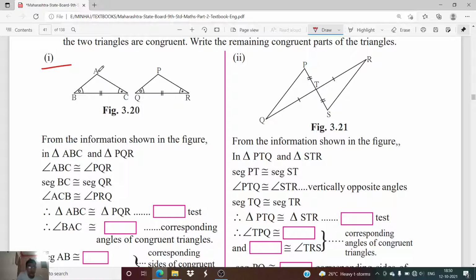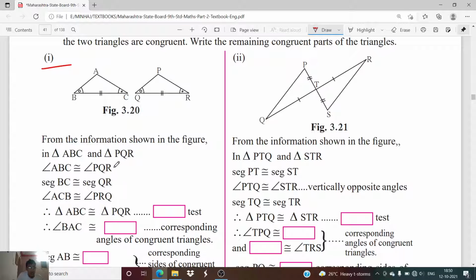Now angle ABC and angle PQR, both the angles are congruent. It is given in the figure. Then segment BC and segment QR are both congruent to each other, and this is also the given data in the figure itself. Again, angle ACB is congruent to angle PRQ.